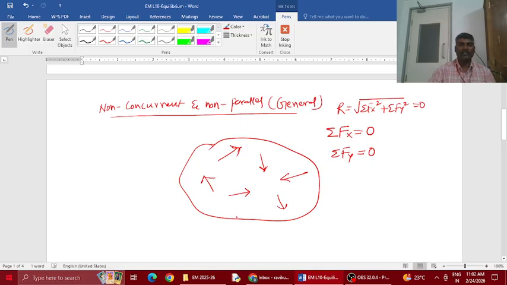Then what is the difference between this and the concurrent force system? There is a case of a couple formation in this case. These forces may form a couple, where a couple means equal and opposite forces separated by some distance. Take the sum of forces here: yes, it is zero.